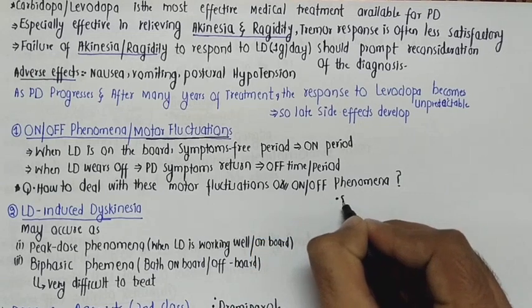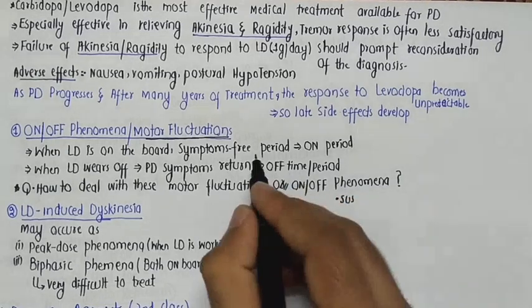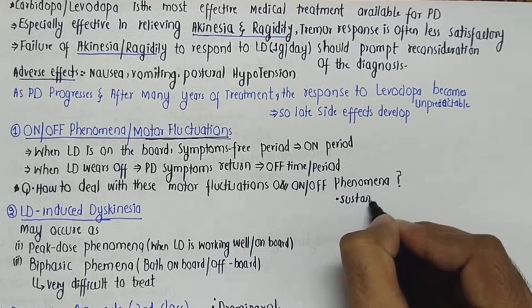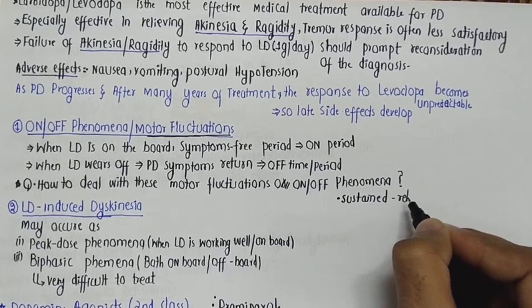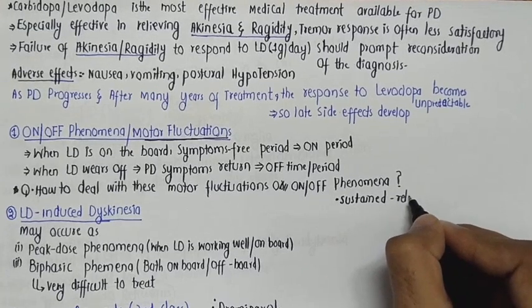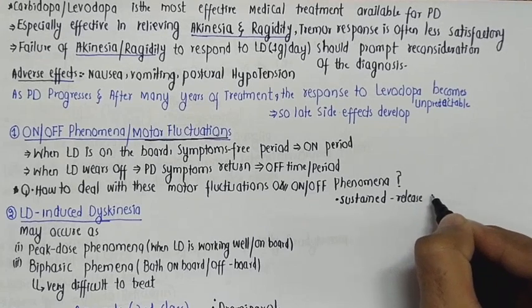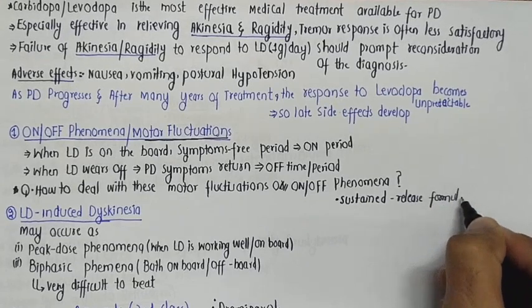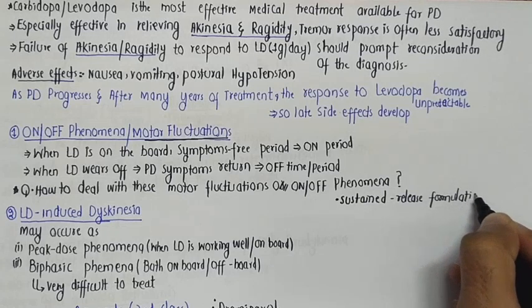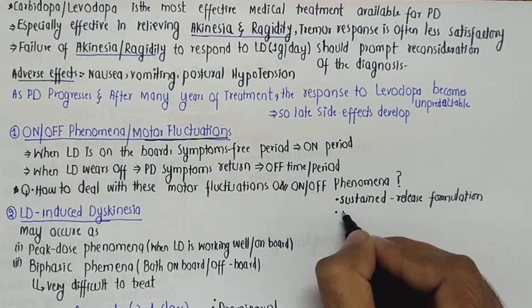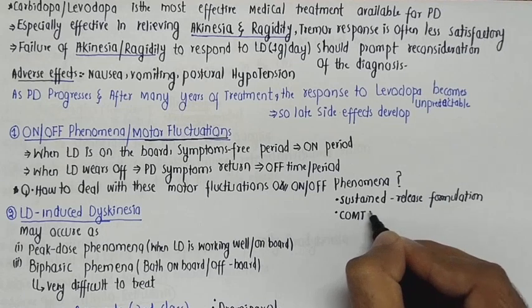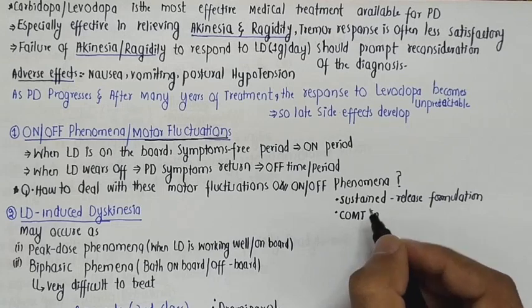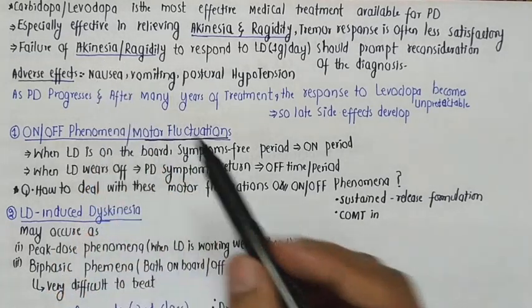First, use a sustained release formulation of levodopa-carbidopa. Second, add a COMT inhibitor, a catechol-O-methyltransferase inhibitor, the capones, to the levodopa-carbidopa combination.